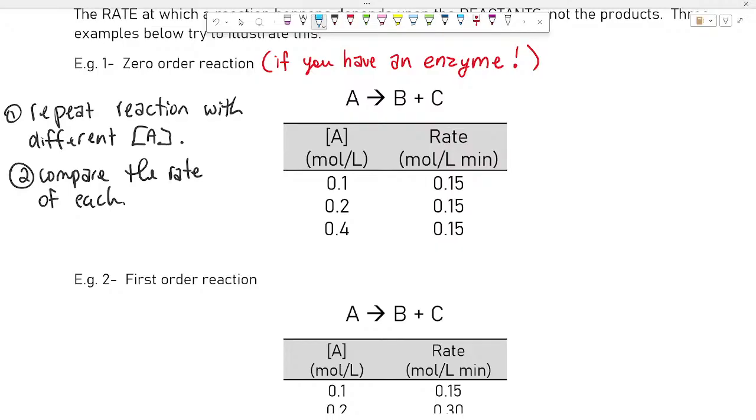So if you look here, the first time we ran this reaction, we set the initial concentration of A, and I should put the word initial here because that's what we're starting off with. Obviously, that's going to change as we go along, right? We set the initial concentration of A to 0.1 molar, and how fast did the reaction go? We used up 0.15 moles per liter per minute, right? In other words, molar per minute.